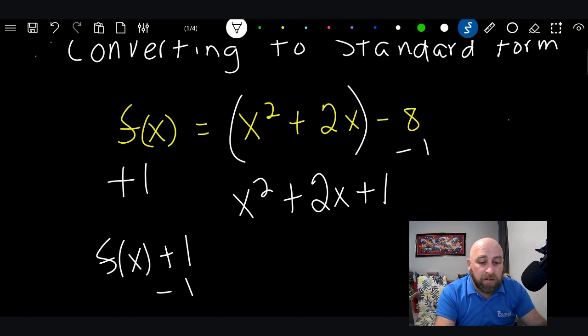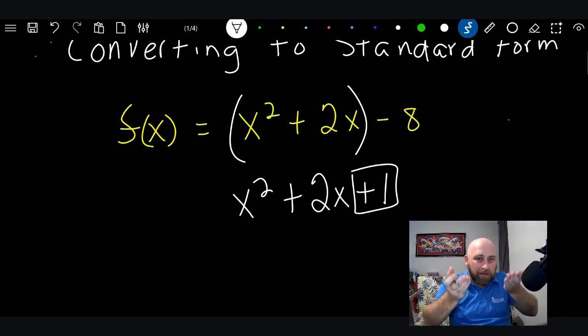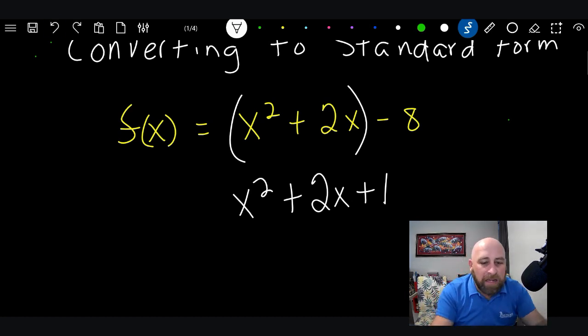Now look over here. I could subtract it from this side, I could subtract it from that 8 right there. So you can look at it that way if you want, or you can look at it this way. Let me show you maybe a shortcut. If I add 1 here, remember we're keeping it balanced. It's on the same side. It's like I have a stack of money in my hand, for example.